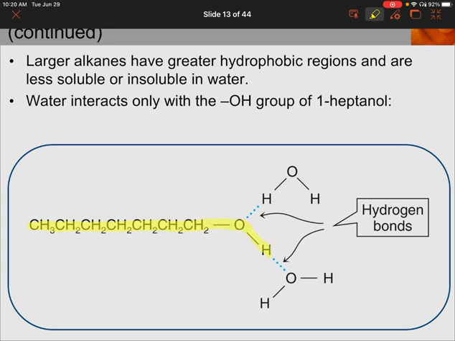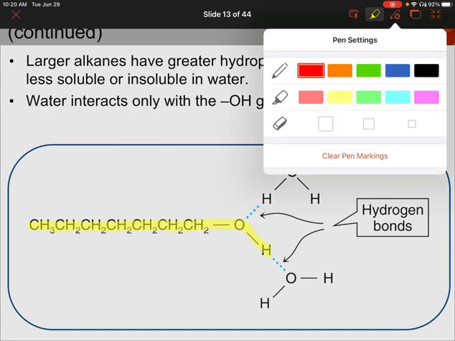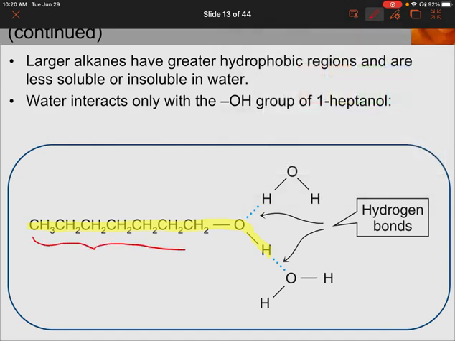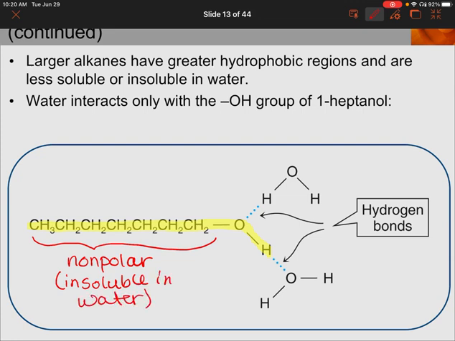So the carbon-hydrogen chain, remember, has only van der Waals or London dispersion forces present. So this is a non-polar region. So this is insoluble in water. And then we have our polar region, which is the OH group, and that is soluble in water.